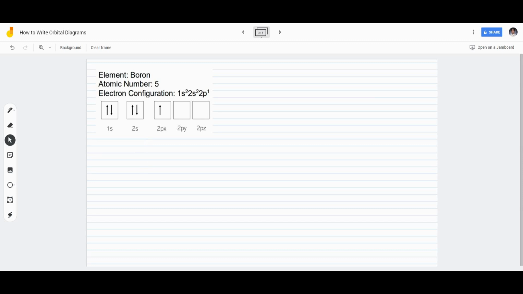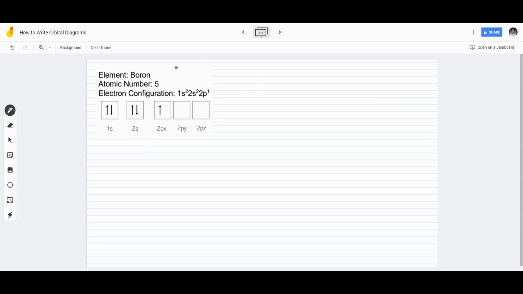Okay, so the very first thing that we need to know is again the number of electrons. And since this is a ground state electron configuration and we consider our examples as ground state atoms, we can look at the atomic number and that would be already equal to your number of electrons.